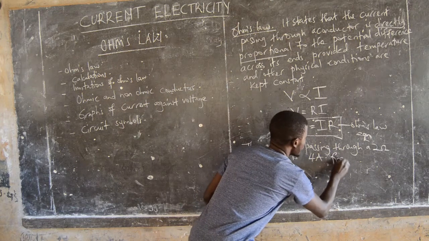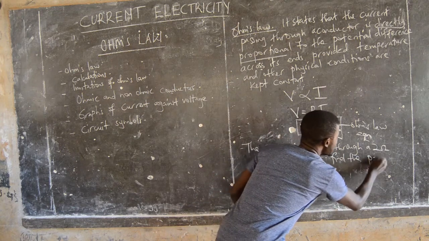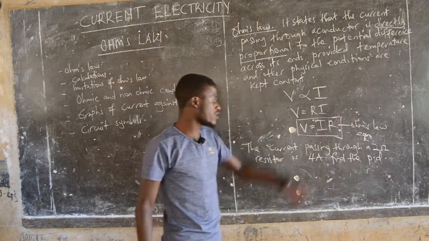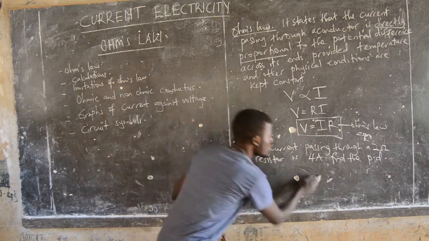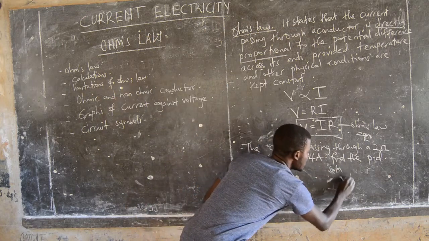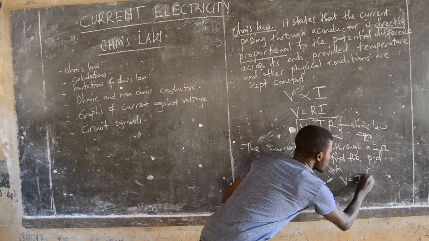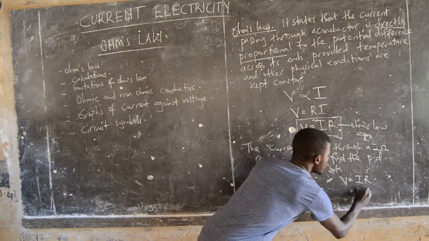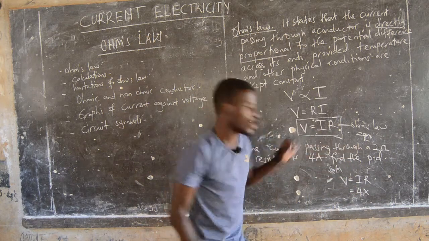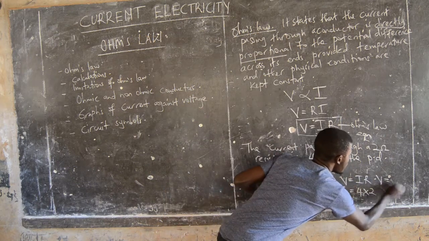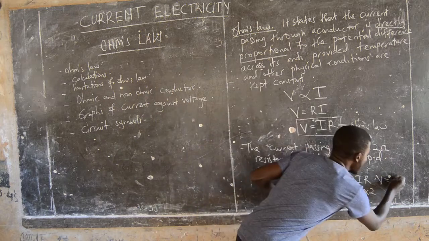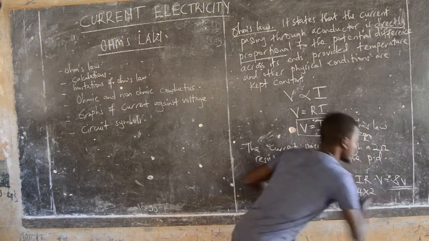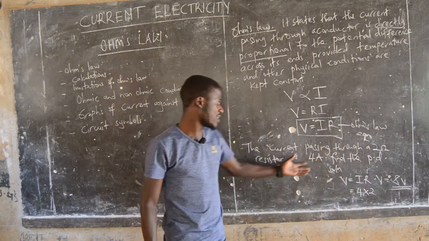Find the PD, find the potential difference between its ends. When you use Ohm's law, you just say that V, the voltage, potential difference, is equal to IR. Current is 4 amperes times the resistance, 2. Therefore, the PD V will become 8 volts. That is very simple. Are we together?